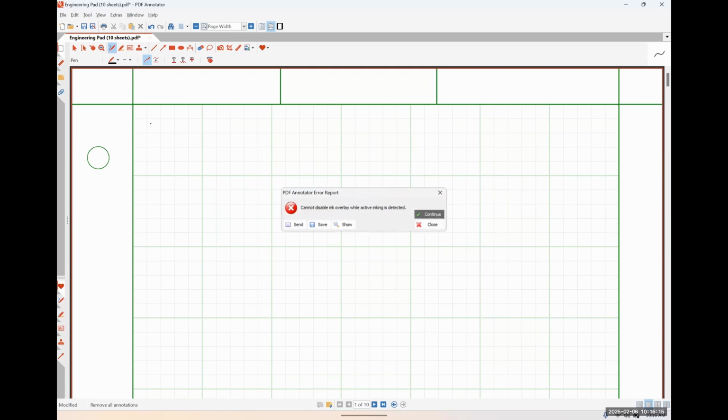I'm getting some weird error I've never seen before. So before we get into a lot of math, I want to talk a little bit about power and efficiency.